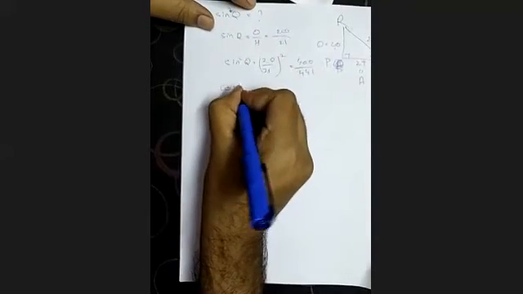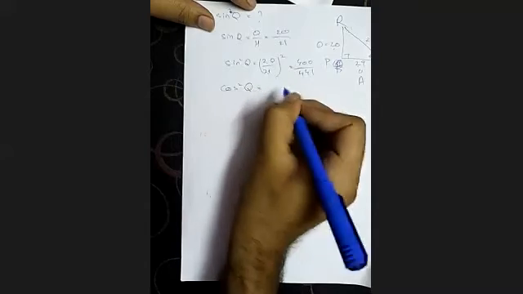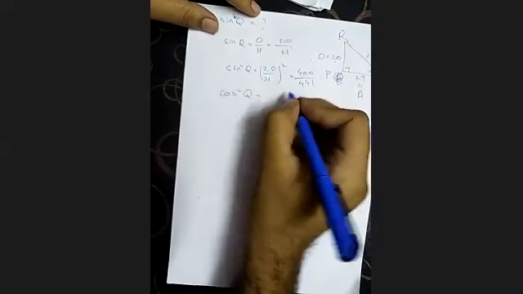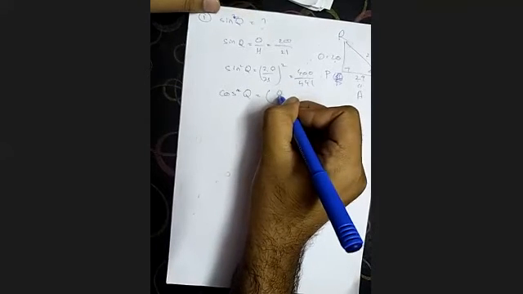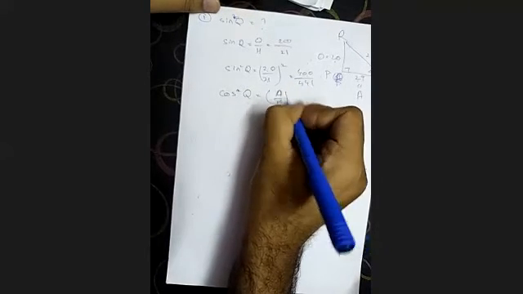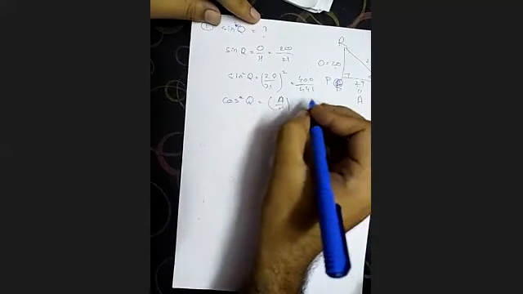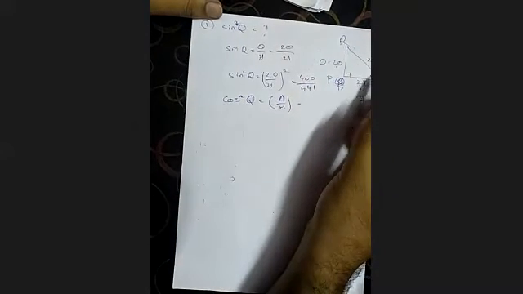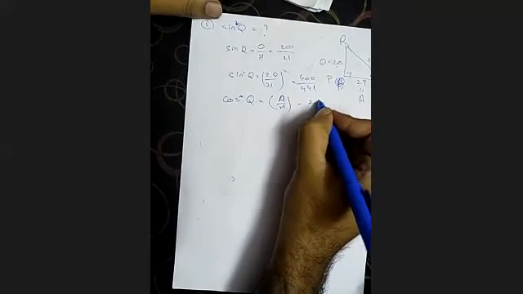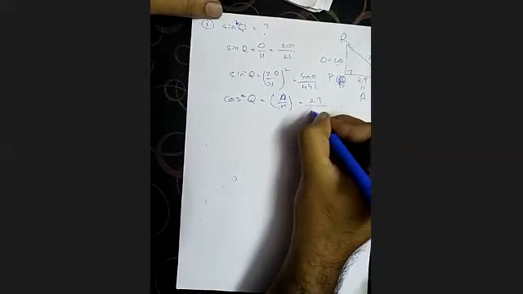Similarly, find cos square Q. So cos Q is adjacent by hypotenuse. What is your adjacent? Adjacent is 29. Hypotenuse is 21.